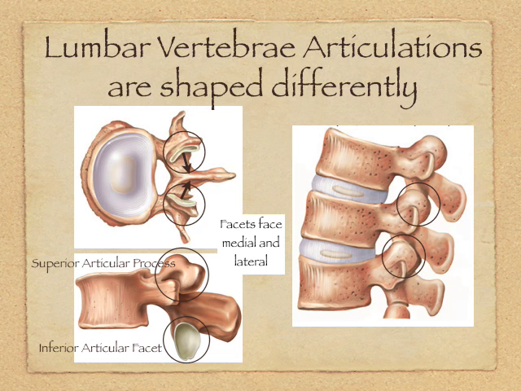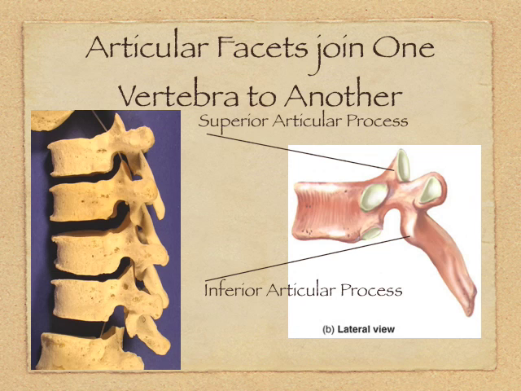The superior facets are facing medial, and you can see these inferior facets are facing lateral to meet those lumbar vertebra facets, the superior facets. So again, each vertebra locks into one another, just like they would in a thoracic vertebra. So the articular facets join one vertebra to another.